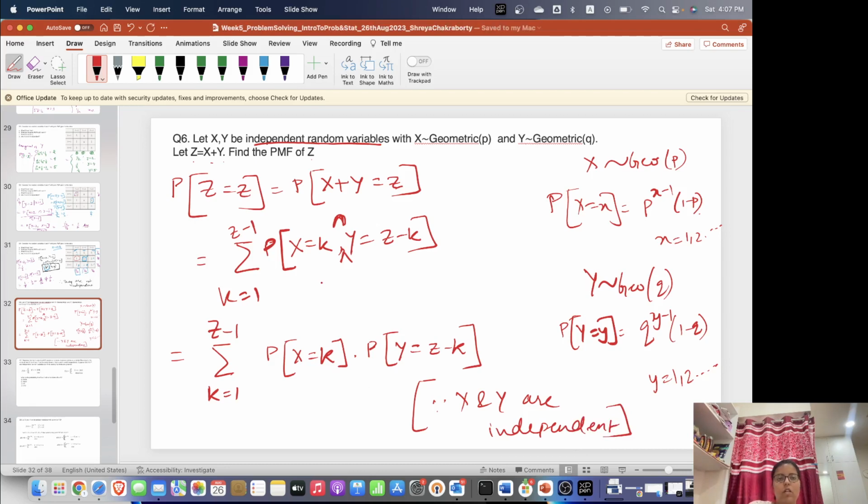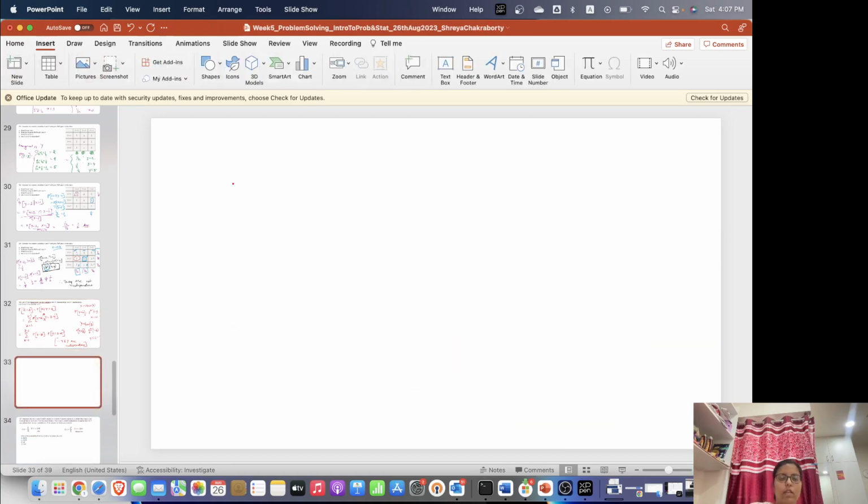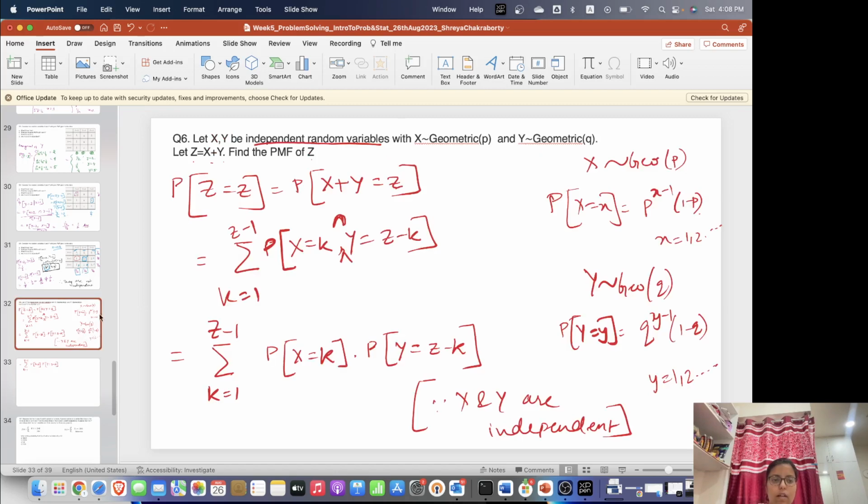So now this one we can write as summation k equal to 1 to z minus 1 probability x equal to k, probability y equal to z minus k. So we wrote the value of x equal to x. So instead of x we will be writing k.